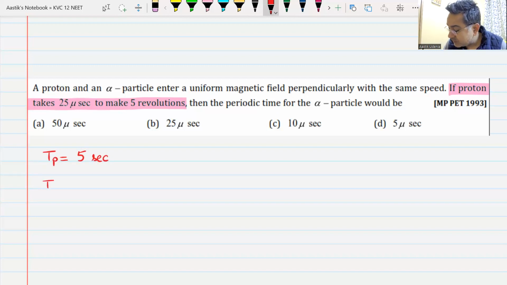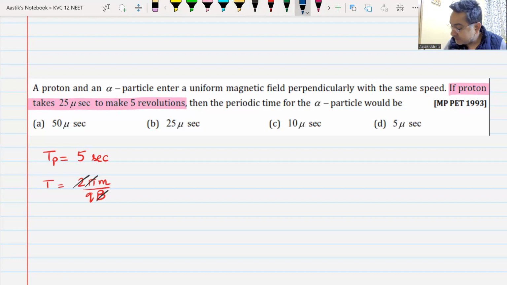Now you must remember time period is 2 pi m by qB. 2 and pi are same. Magnetic field is same.